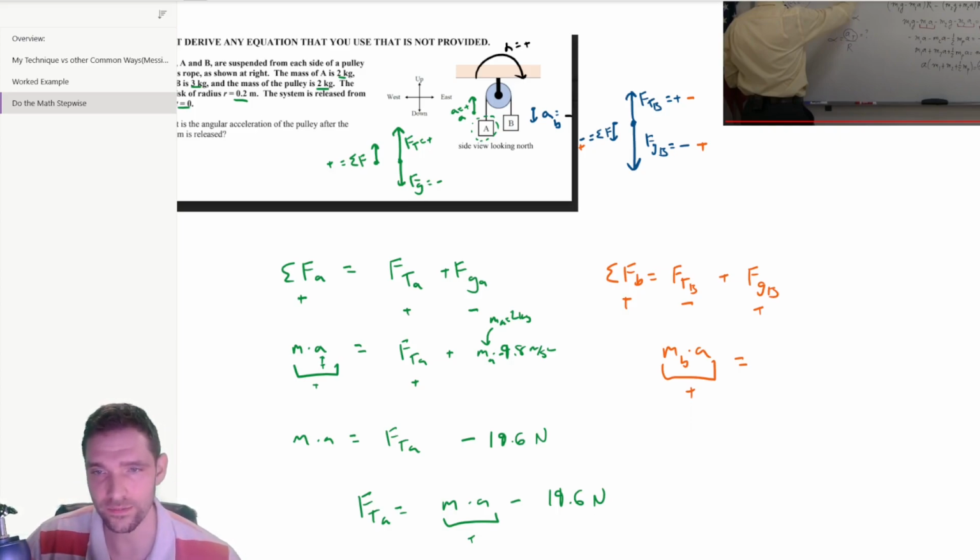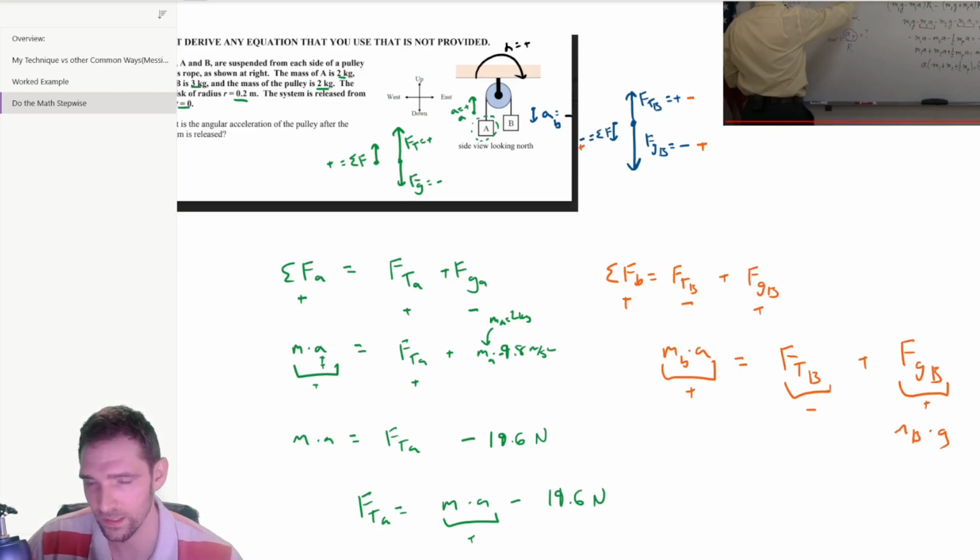So we've got this right there, and then we've got this FTB, which the whole value of that should be negative. And we've got the FGB, which I believe was the mass of B times acceleration of gravity. But that's going to be a positive value.